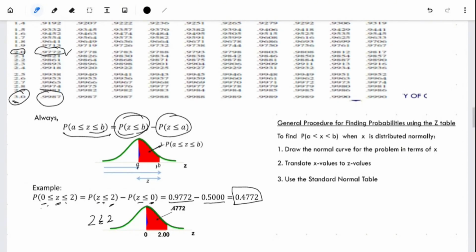This probability becomes the shaded portion here, right? So when you are solving, we don't subtract the 0 from the 2 and then go to the probability distribution table to find the values. No, we find the probabilities and then we subtract the probabilities so that we get the probability that we are looking for.